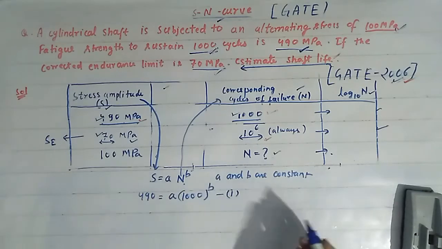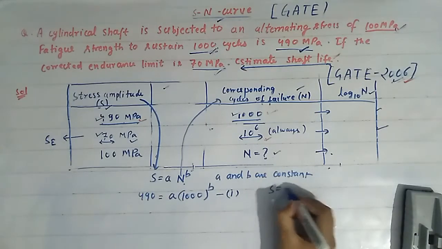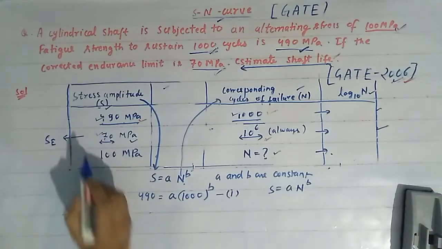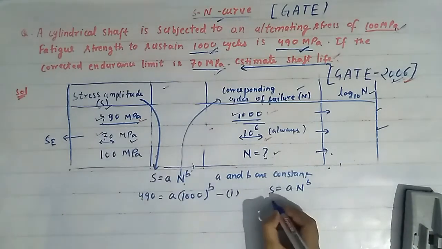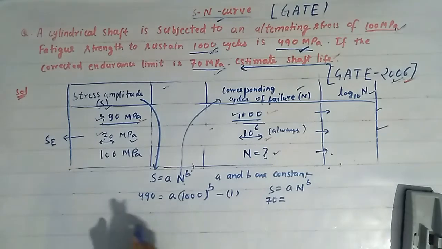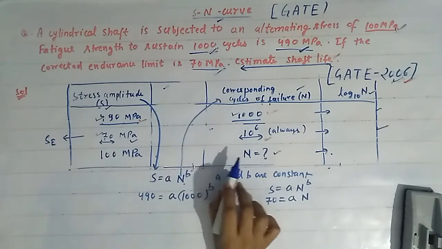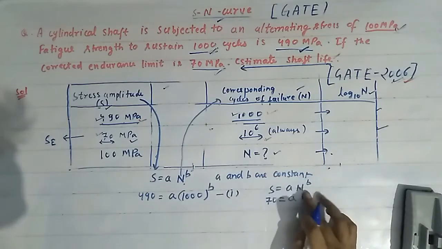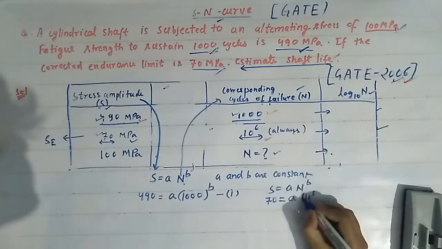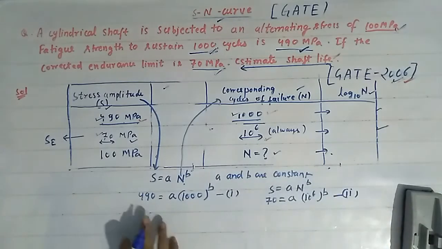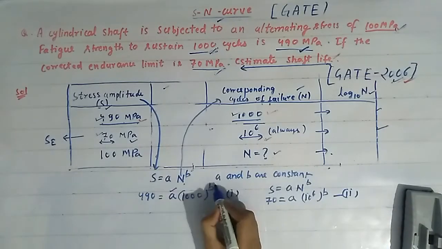In equation number 2, S = A N^B, the value of S is 70 megapascal and the value of N is 10 raised to power 6, so 70 = A (10^6)^B. This is our second equation. When I solve these two equations, I will find the values of constants A and B.